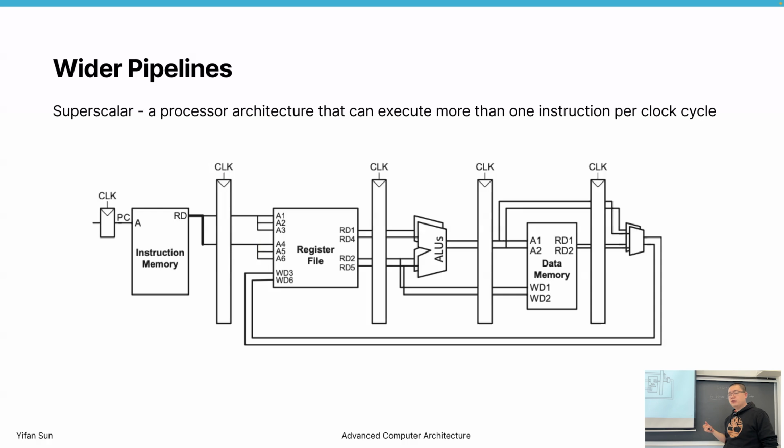So the back end of the core is the part that takes the task and calculates the result. And by the way, if issue is a stage, then sometimes decode is before the issue stage, sometimes decode is after the issue stage. So it really depends on the ISA and the microarchitecture design.